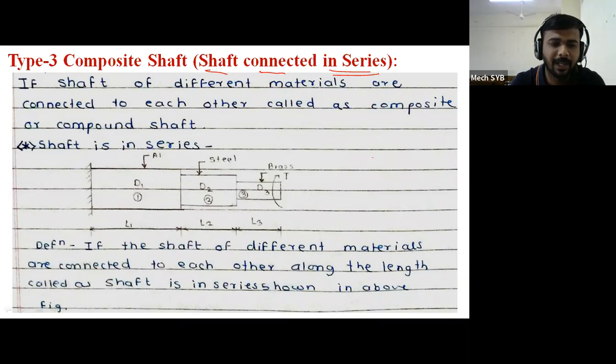But if that steel shaft is connected to another shaft having a different material, for example brass, then it is not called a steel brass shaft or a brass steel shaft. Simply it is called a composite shaft. Therefore the simple definition I have written here: the shafts of different materials are connected to each other.